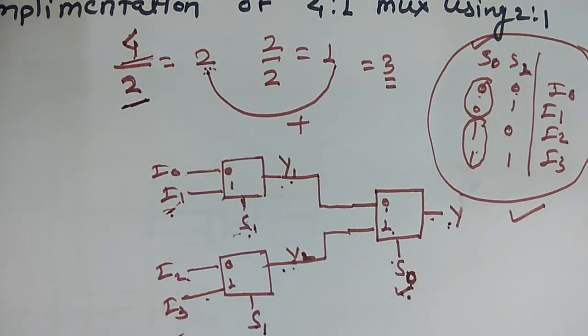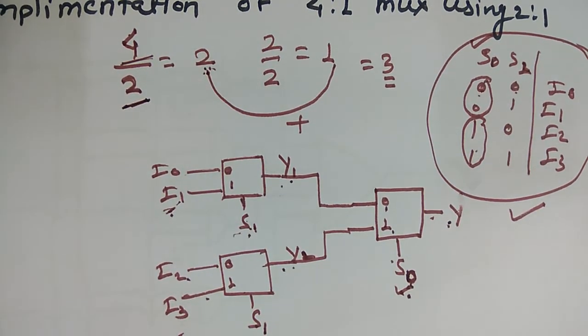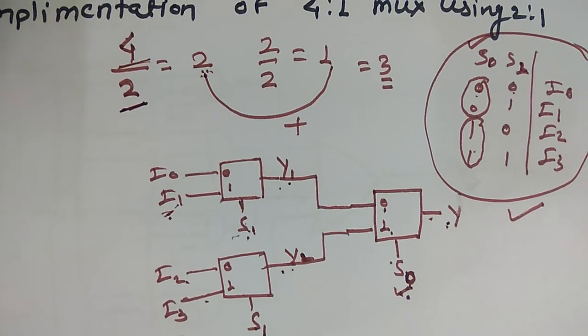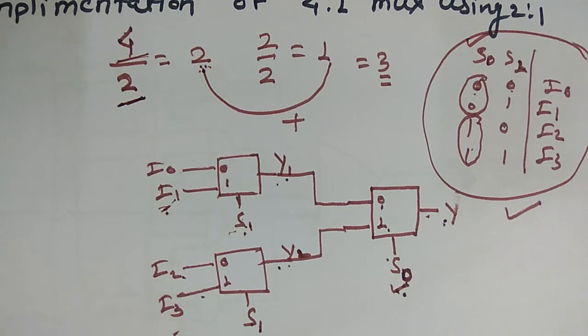You will get the number of mux required to implement that particular mux. So next we will see the implementation of 8 raised to 1 mux using 2 raised to 1 mux.